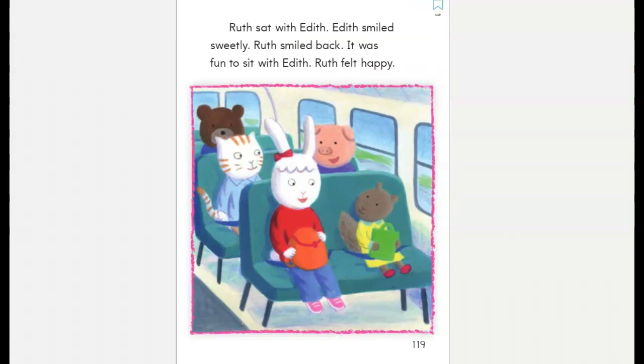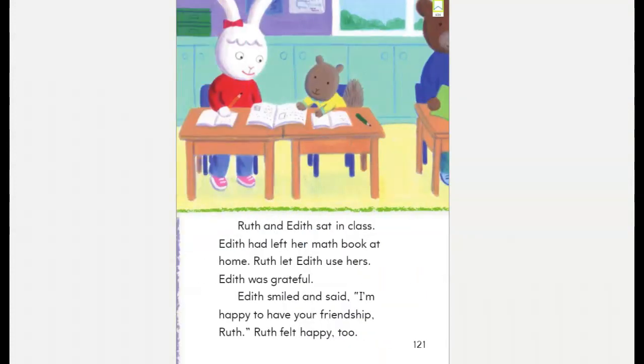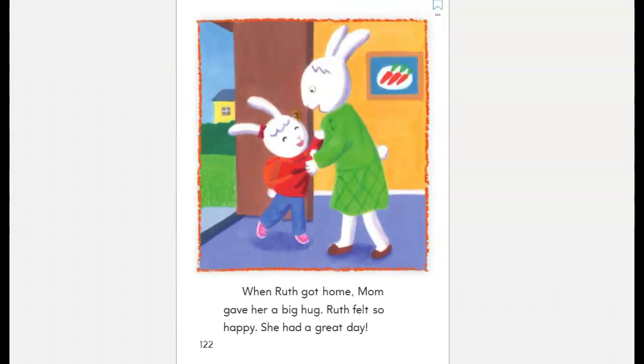On the bus, she talks with a friend. Then she does her schoolwork. This is something all of you do every day, even though it's not in an in-person classroom. And last, Ruth goes back home after a long day.